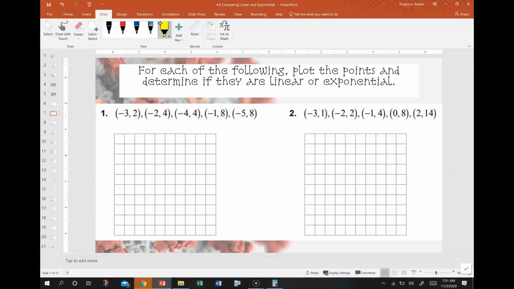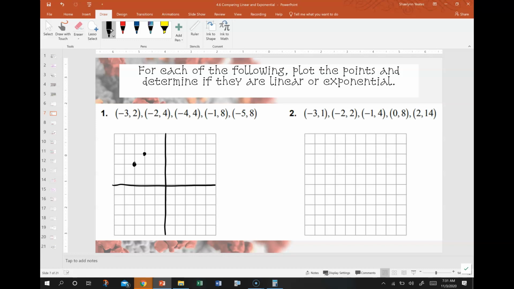Okay, so for the following, we're going to plot these points and determine if they're linear or exponential. So let's go ahead and plot it. First off, I have to make myself some axes. So there's my axes. -3, 2 is here. We've got -2, 4.